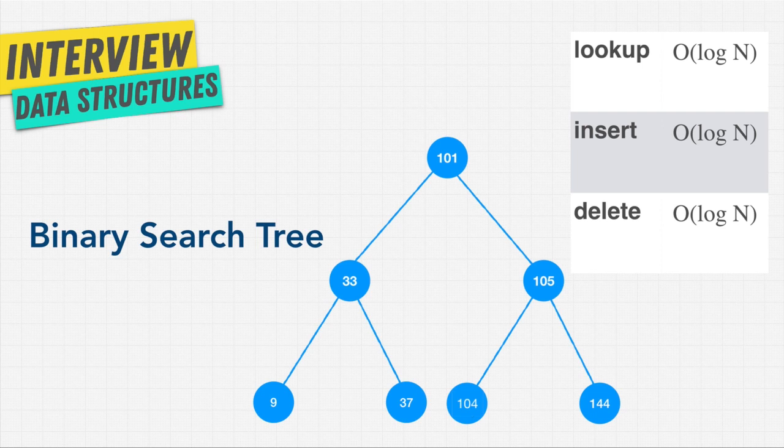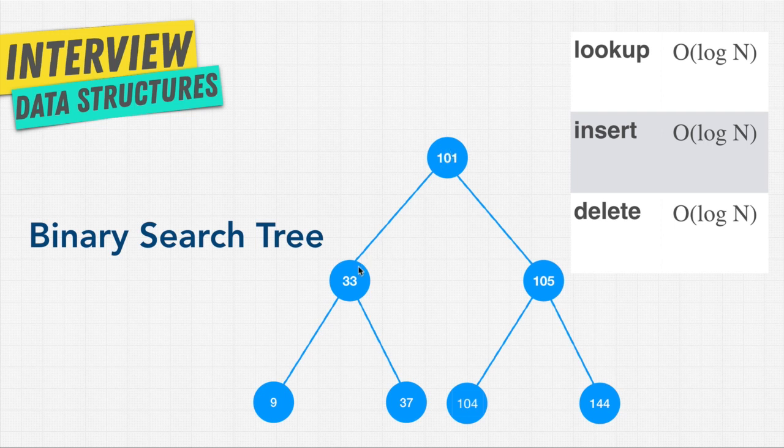And then the second rule is that a node can only have up to 2 children because it's a binary tree. The advantage of a binary search tree is that, well, it should be obvious with the name, right? Searching and lookup is very easy. If I'm looking for, let's say, number 37, I can start at 101 and say, is 37 less than 101?